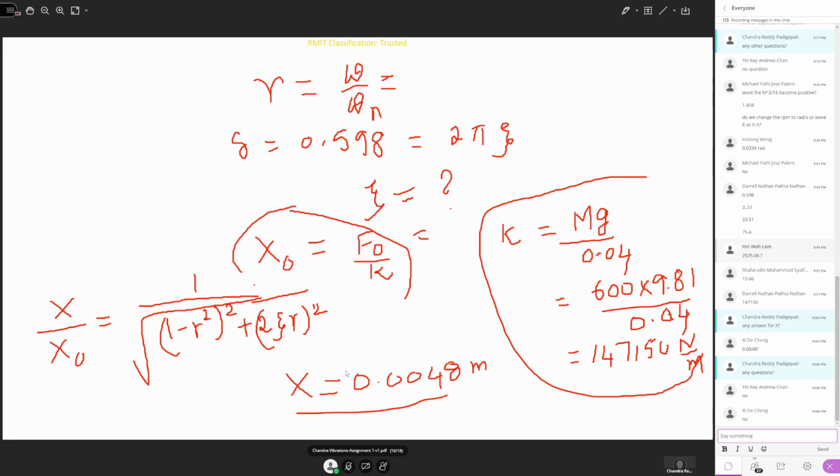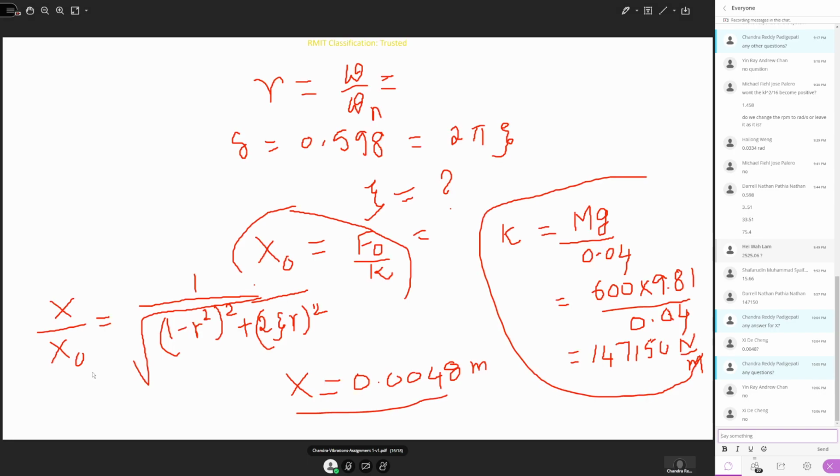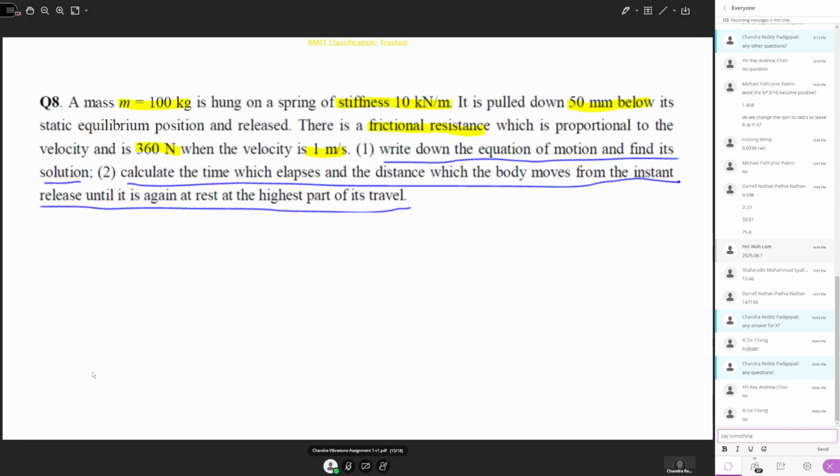All right, so I'll move on to the last question. Okay, this is question number 8. We may just go through the question, what's given, then how to work it out. So the mass is given, 100 kilograms.